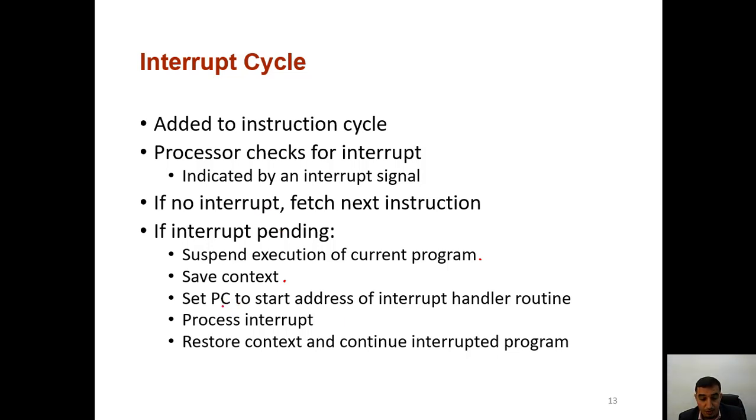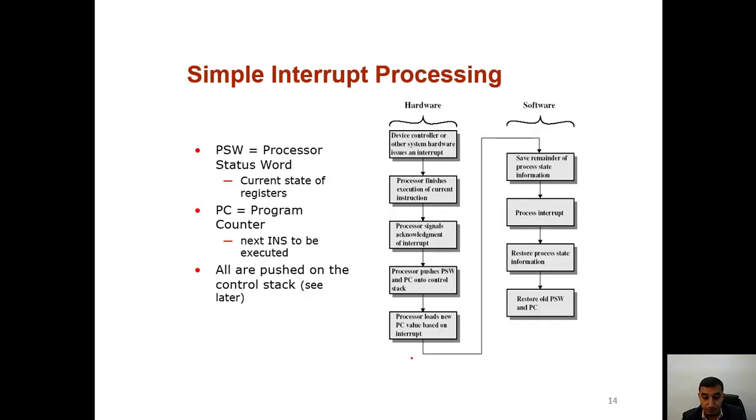Now set the program counter to the start address of the interrupt handler routine. Once you get an interrupt, it will direct the program to a new small interrupt service routine. This routine has an address, so we load that address into the program counter. Then we process the interrupt and finally restore the context and continue the interrupted program.